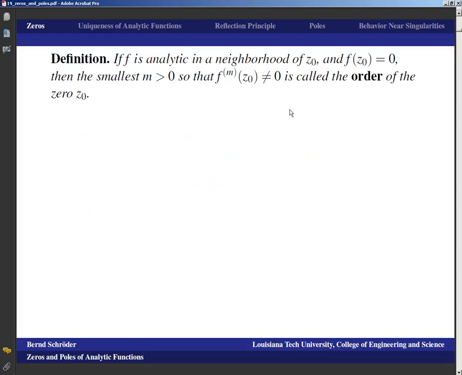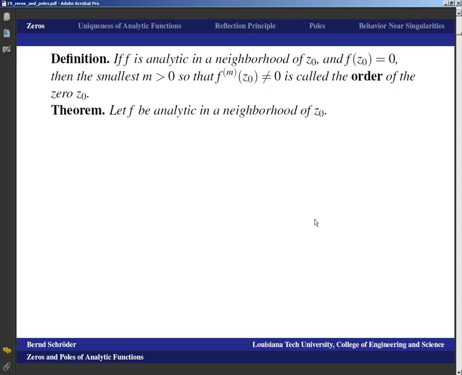So let's see, in terms of zeros, if the function f is analytic in the neighborhood of z0 and f of z0 equals 0, then the smallest m so that the m-th derivative at z0 is not equal to 0, that's called the order of the zero.